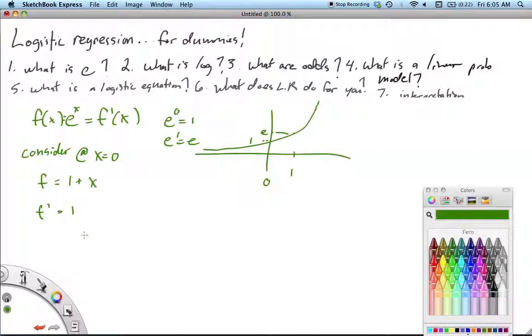Okay, so we're done. No, we're not done, because anything that's in f has to be in f prime. So we'd get an x here. Okay, so we would need to find something now whose derivative is x. And this is where we get our, sorry for the spoiler, x squared over 2.